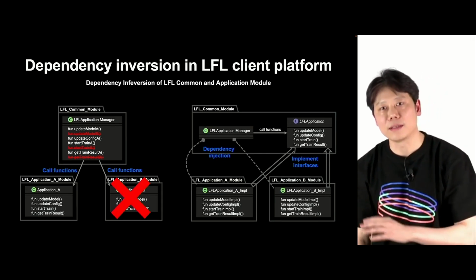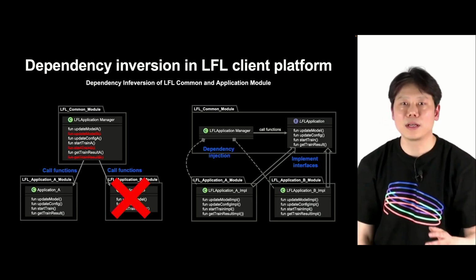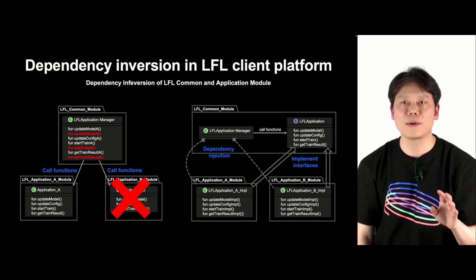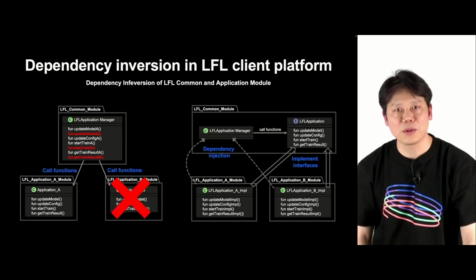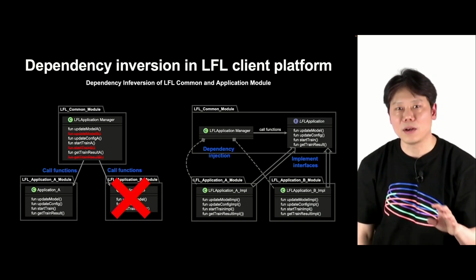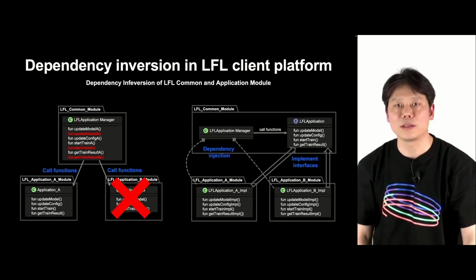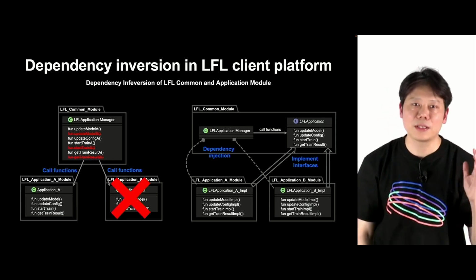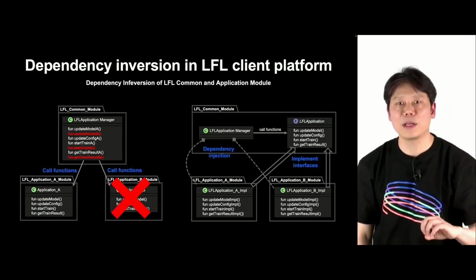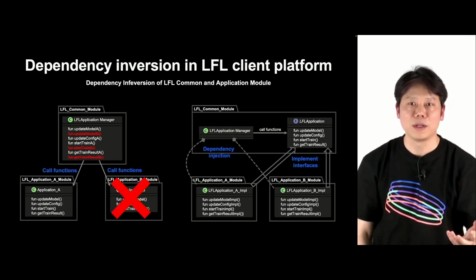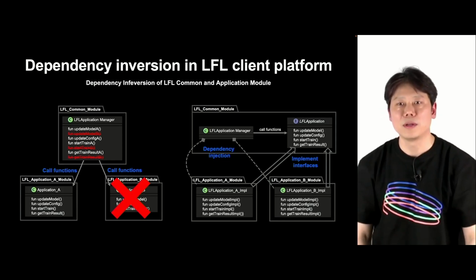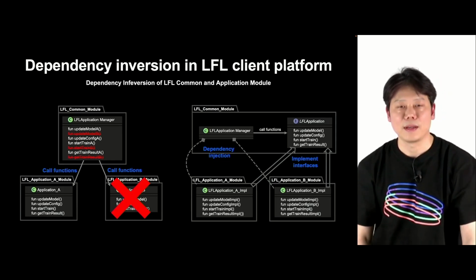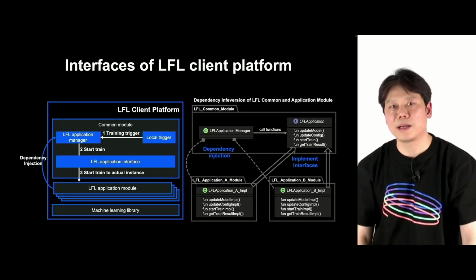If we do an inversion of the dependency, what happens is on the right-hand side, we deliberately invert the dependency among the modules, and we can do abstraction through an interface. And with the app interface, we can create the applications, and the upper module, which is the common module, will be independent from the application module, and they will not be affecting each other.